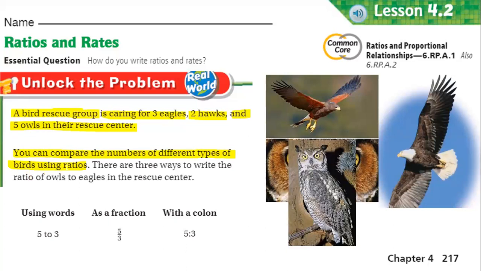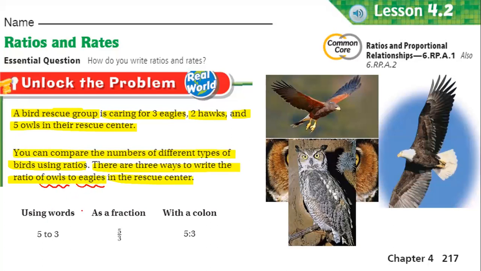So how can I compare the numbers of birds? By using ratios. There are 3 ways to write the ratio of owls to eagles in the rescue center. He wants you to write the ratio between 2 types only. What is the first type? Here he says owls. What is the second type?